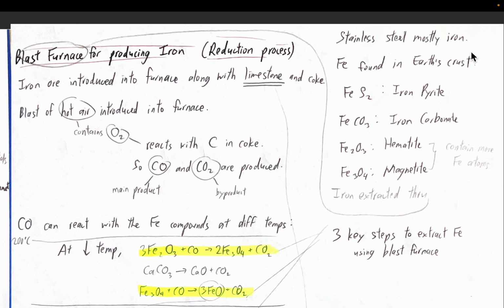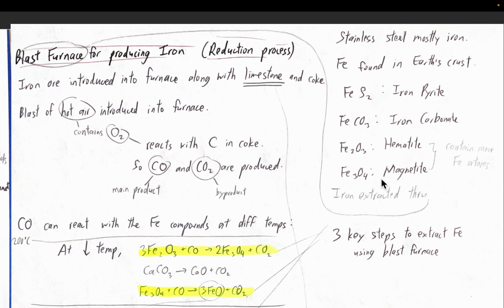Stainless steel is mostly iron, right? And iron is found in the Earth's crust in abundance. We have various kinds that are found inside the Earth's crust: iron pyrite, iron carbonate, hematite, magnetite. These in particular contain more iron atoms compared to the other two.